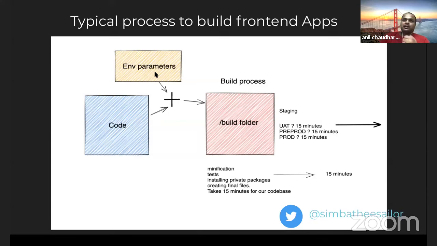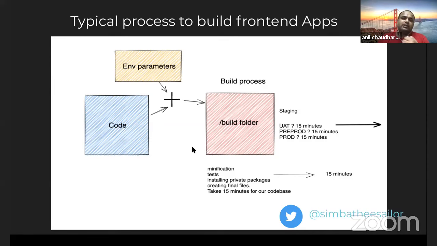In a typical application, we have different endpoints for different environments, such as staging, pre-prod, production, and UAT. If you have both, you can run your code through a bundler, and that is your build process. That build process will spit out the build folder.